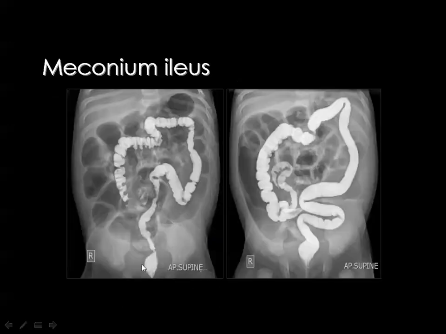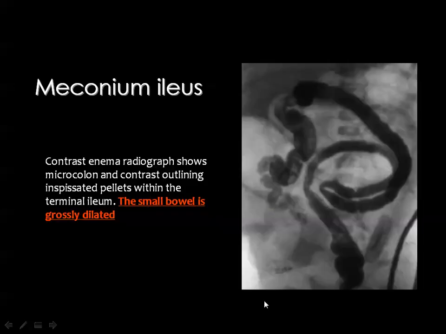And this is meconium ileus, barium enema, and you see multiple filling defects in the ascending colon as well as in the terminal ileum. And by continuing injection of barium, you may get this appearance with some liquefaction of the meconium and the relief of the symptoms. Another case of meconium ileus, and you see the colon is collapsed, which is unused.